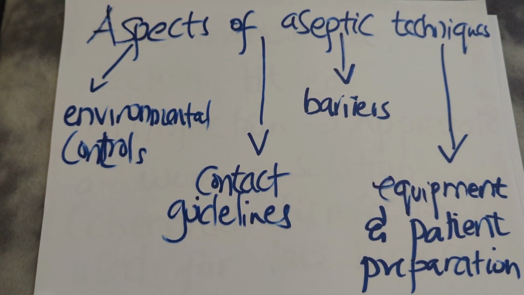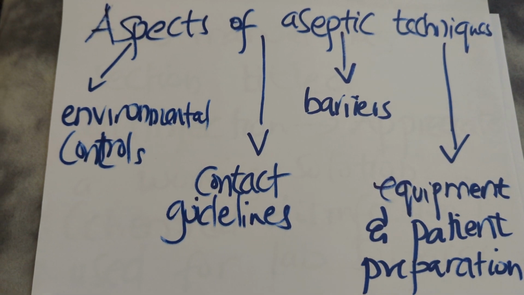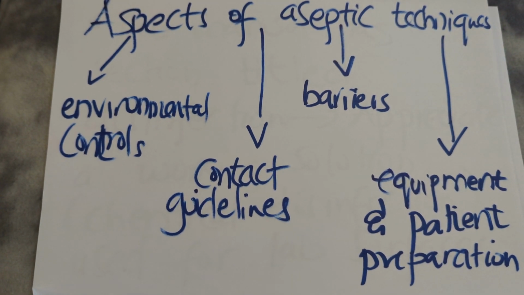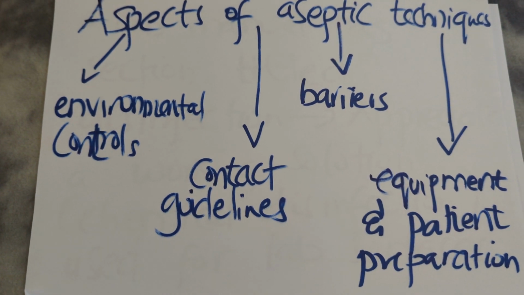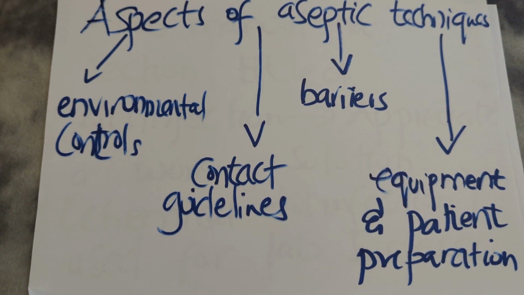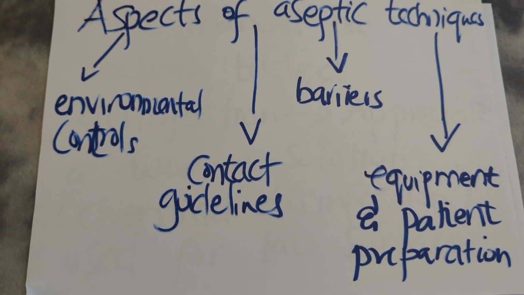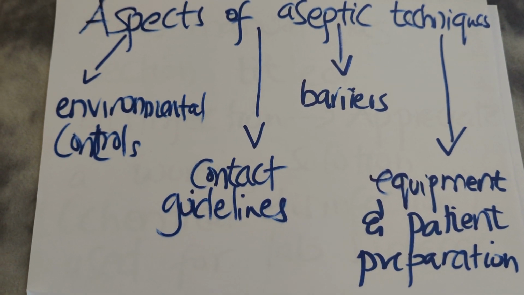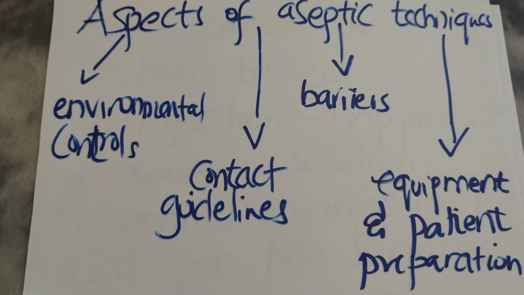And the patient also, before any procedure where there is potential to transmit pathogens, you have to prepare the patient. For example, when drawing blood, you have to disinfect the skin surface, whether with alcohol swabs or methylated spirit, whatever your facility uses.